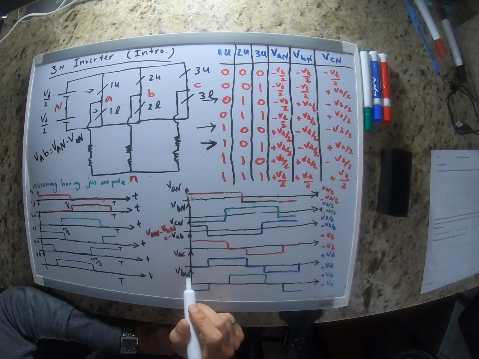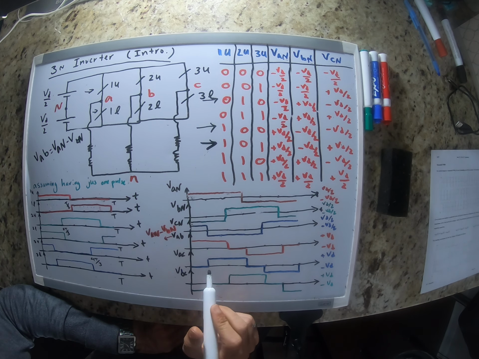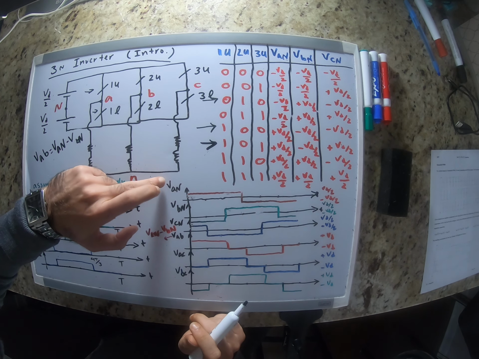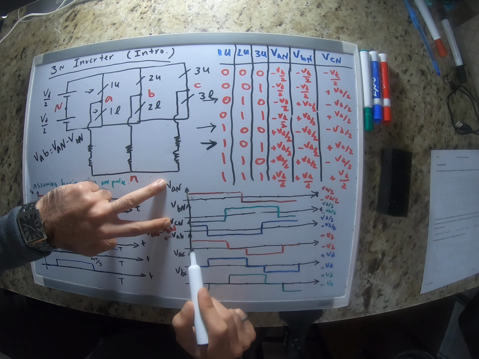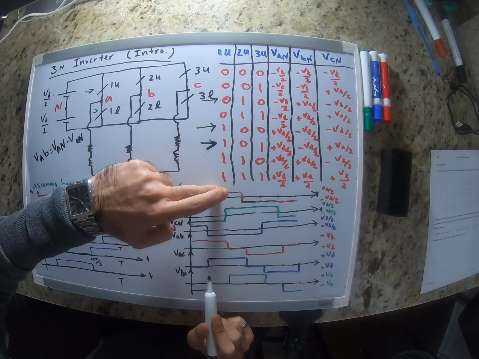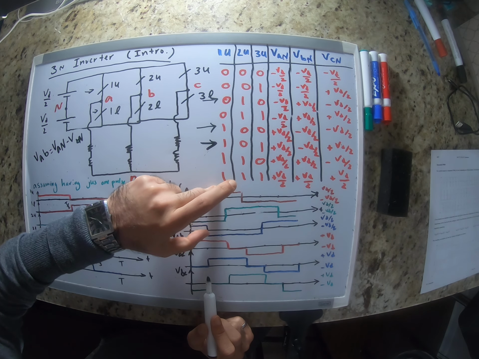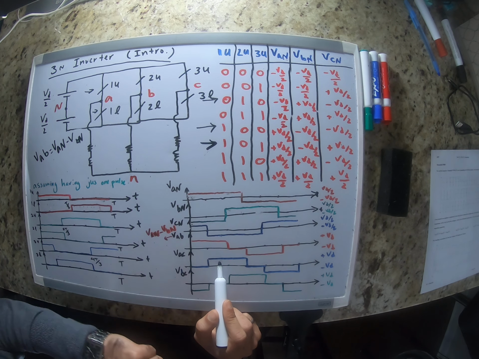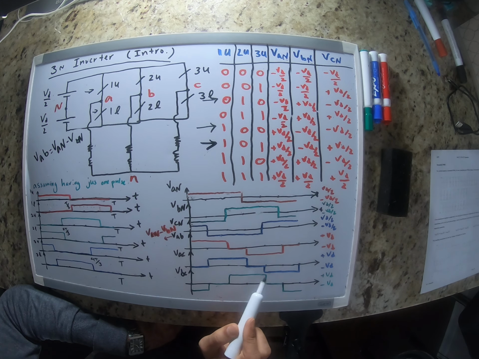And the same thing for VAC and VBC. For VAC, this is going to be voltage of phase A minus voltage of phase C. So it's going to be this voltage minus this voltage. It's 0 here. This voltage minus this voltage is VD over 2 minus negative VD over 2, so it's going to be positive VD. Positive VD becomes 0, and it would keep going.